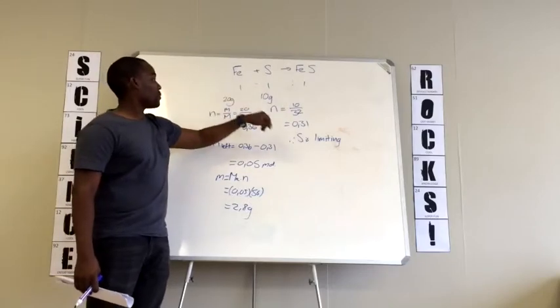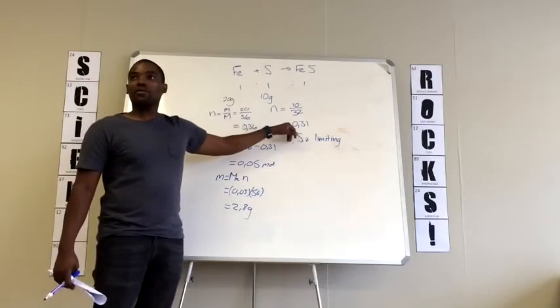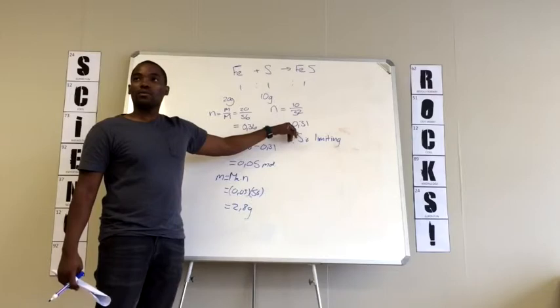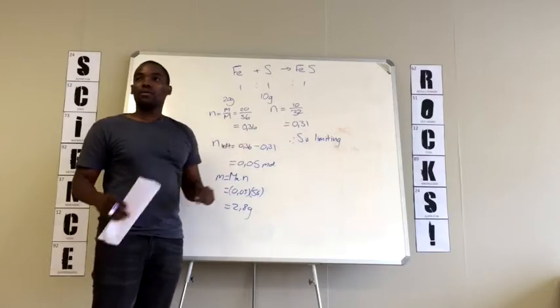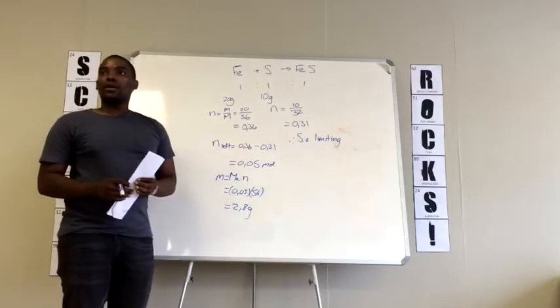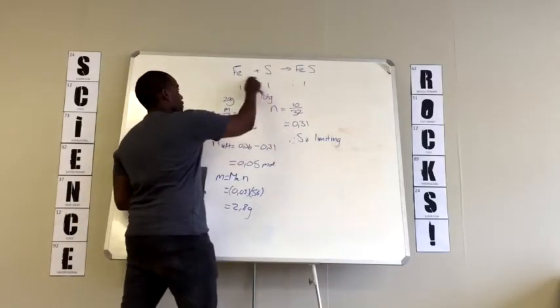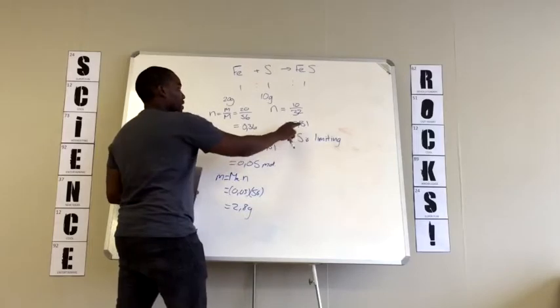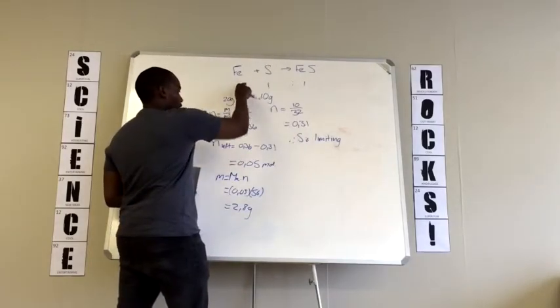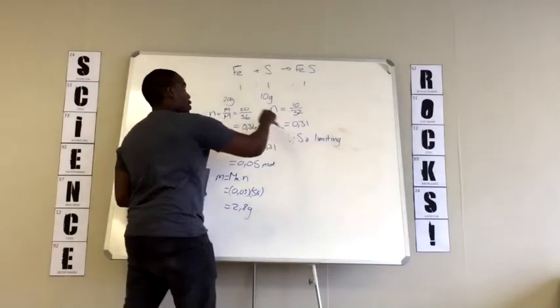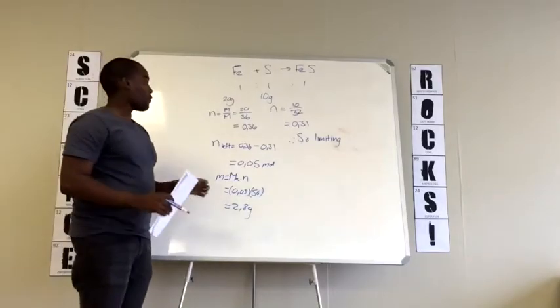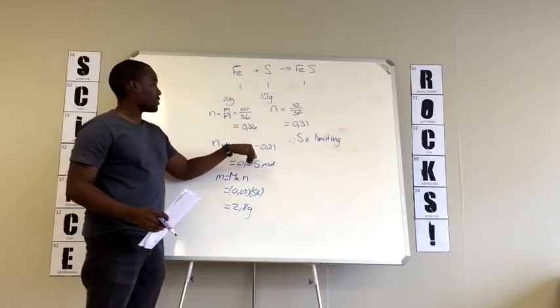That means I'm going to use up 0.31 moles of iron as well in my reaction. So are you using it for limiting or just because it's a 1-to-1 ratio? Both of them. I'm using it because it's limiting. I have to work out how much of the other one I did use, so I check my ratio, and then you end up with the fact that I used this much of the iron as well. Therefore, how much is left? 0.36 minus 0.31.